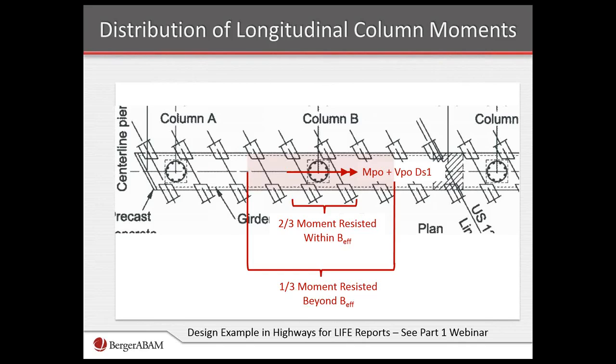So you have torque that's required, and you want to think of it as a strut and tie mechanism that has to get from the column, between the column and the girders, to transfer these forces. Again, a design example in the Highways for Life reports.